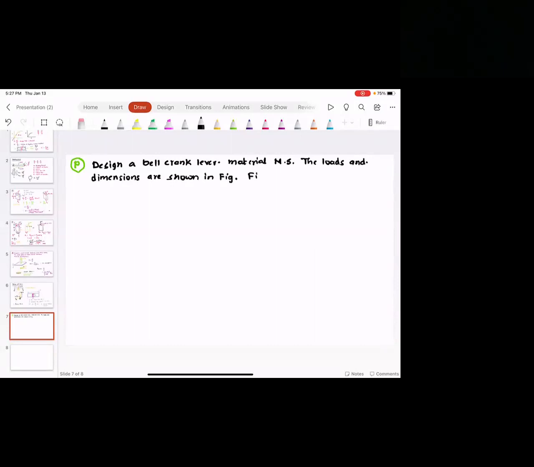Find B and T. Find B and T on short side and long side or long arm.